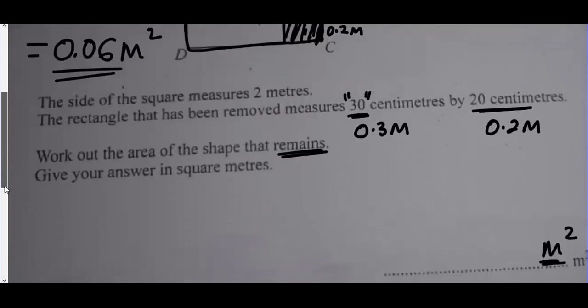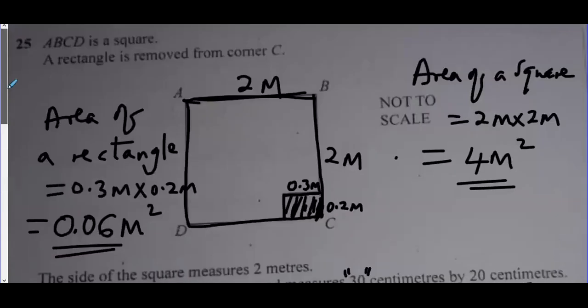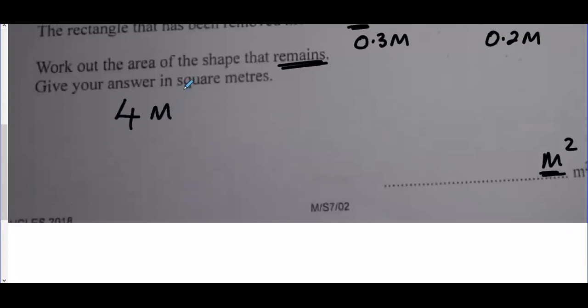Now, can you calculate the area of the shape that remains? So I'm gonna take the area of a square, which is 4 meters squared, minus the area of the rectangle, which is 0.06 meters squared. So I'm gonna go ahead taking 4 meters squared minus 0.06 meters squared.